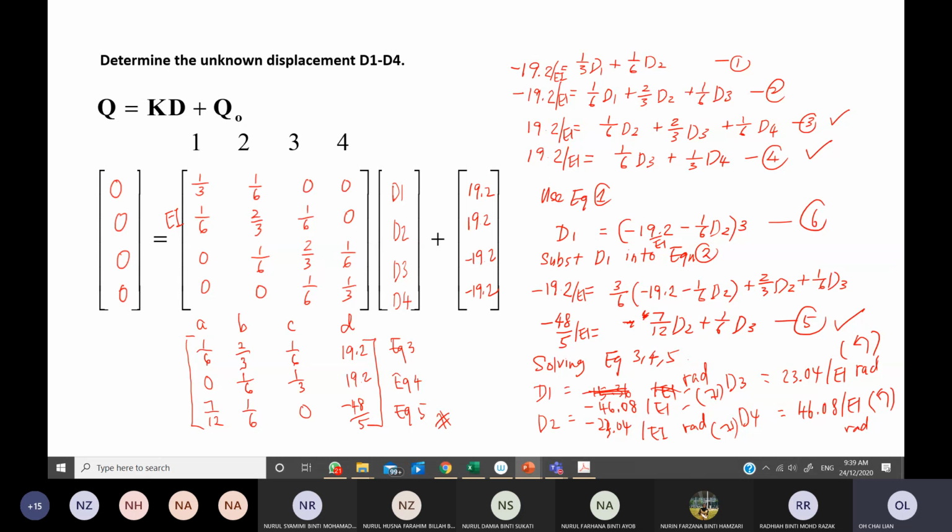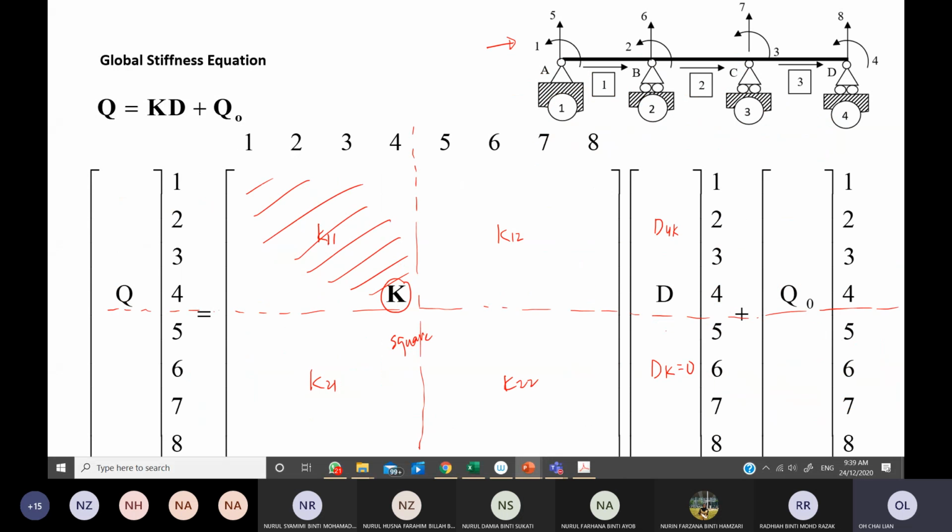In this case, they don't ask for support reaction, so we directly solve for moment B and C, which is about element number 2. So you take all the information from element number 2.